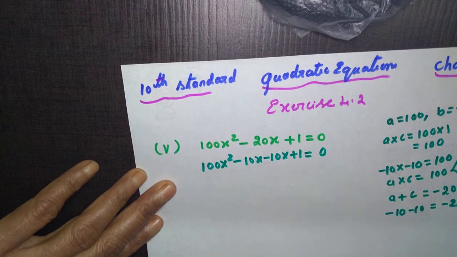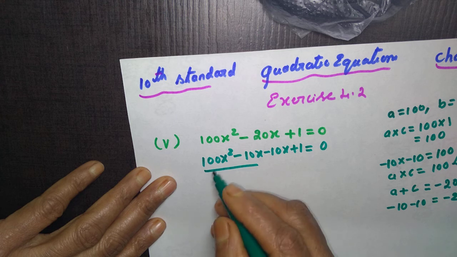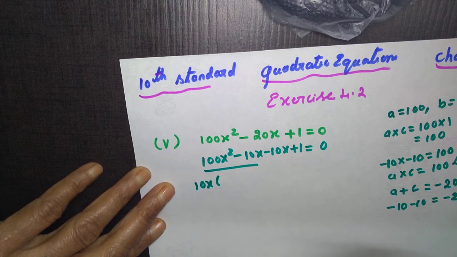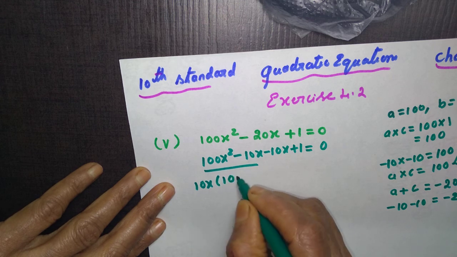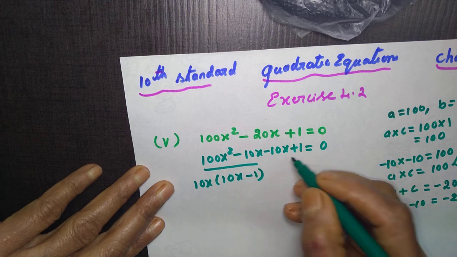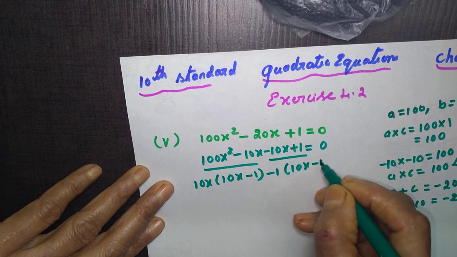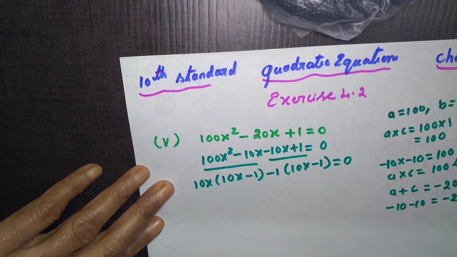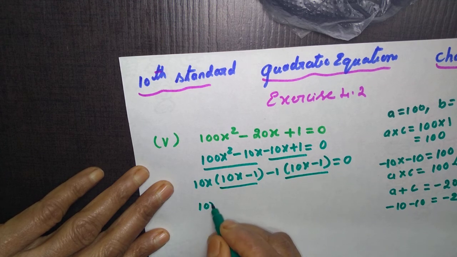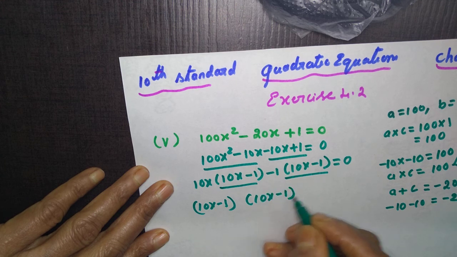100x square, splitting the middle term, minus 10x minus 10x plus 1 is equal to 0. In the first two, what is common here? 10 tens are 100. Therefore, 10x is common. Take out 10x, then 10x minus 1 will remain. Here nothing is common, take minus 1, so 10x minus 1 is equal to 0. Again 10x minus 1 is common, take out: 10x minus 1 into 10x minus 1 is equal to 0.